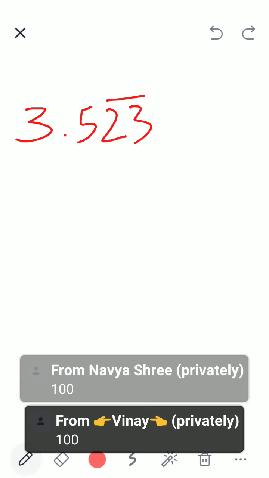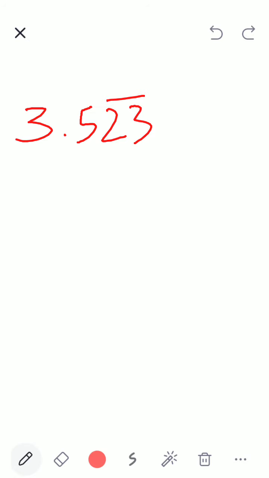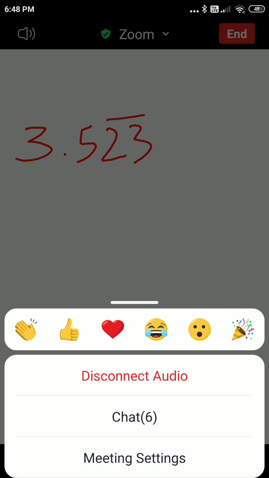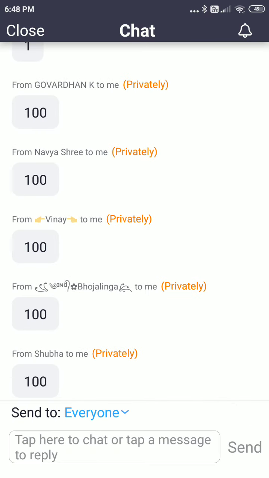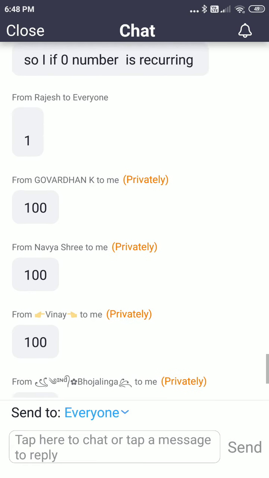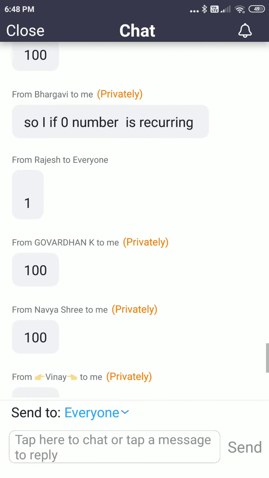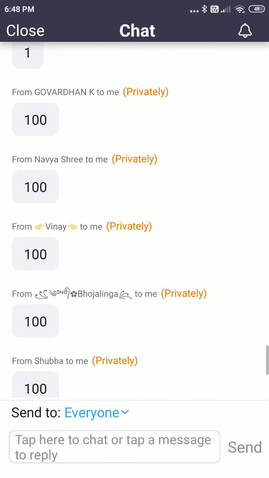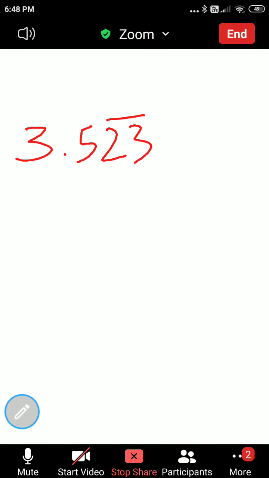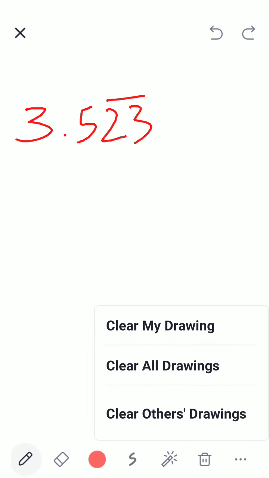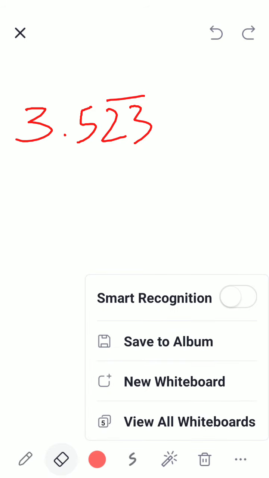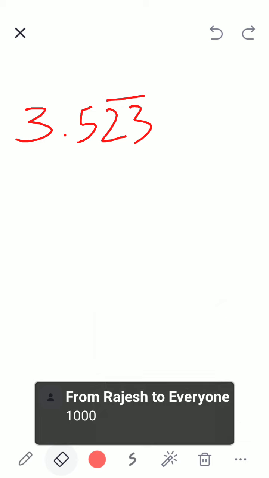You have to give me an answer. No out of turn, children. Okay, Govardhan gets 1 point. So what is the score tally now? Who all got one point? So Govardhan is leading with two.